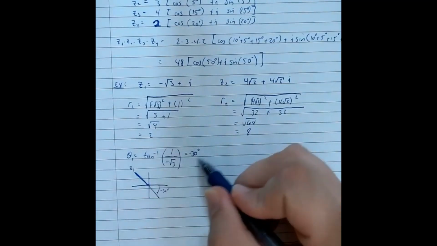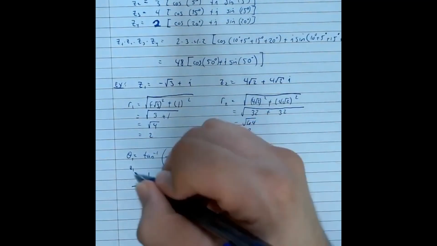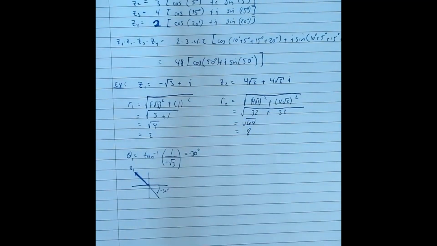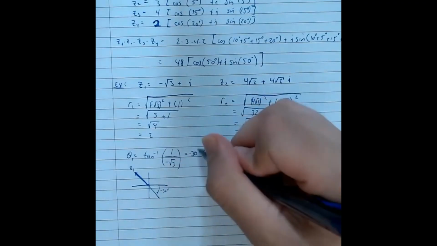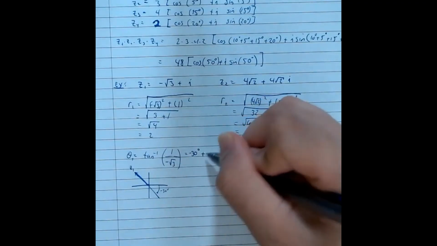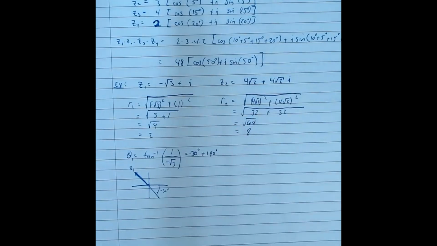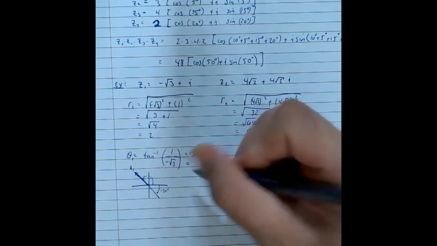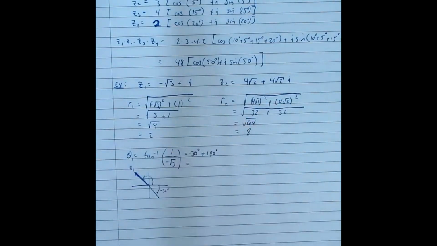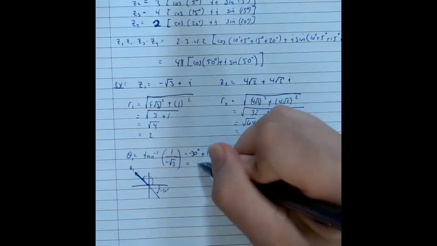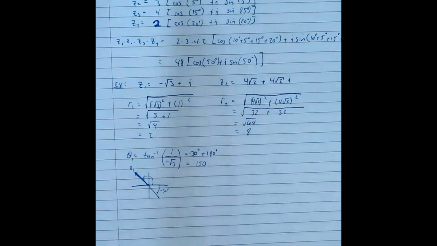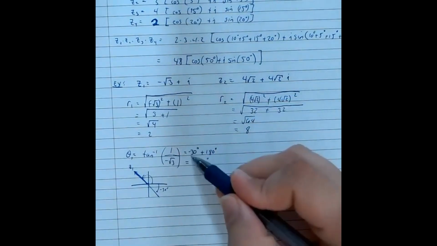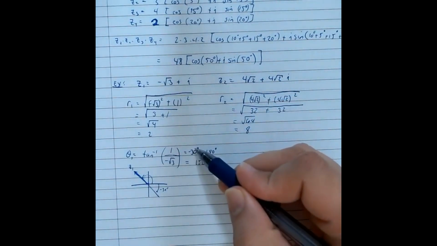Okay, so here, this isn't really the argument. I should have the one in the opposite direction. So that means here, that's the wrong one. I really should have negative 30 plus 180, and that's going to give me this angle. So here the angle I really want, my actual argument for Z1, is 150. Okay, so be very careful with that. Whatever your calculator gives you may not be correct.